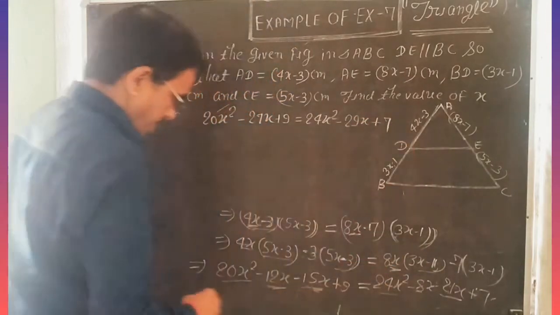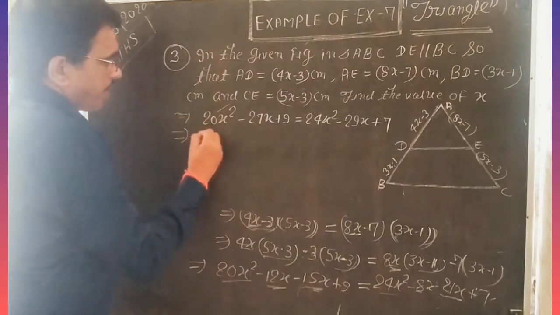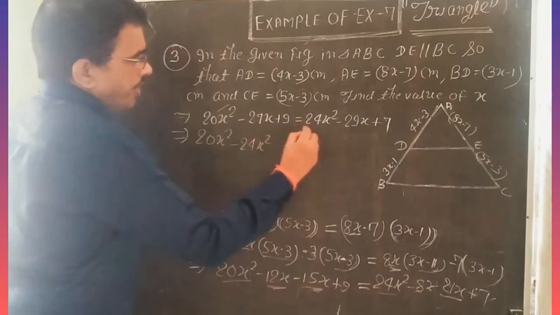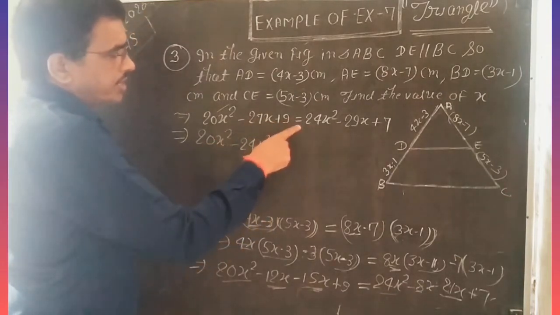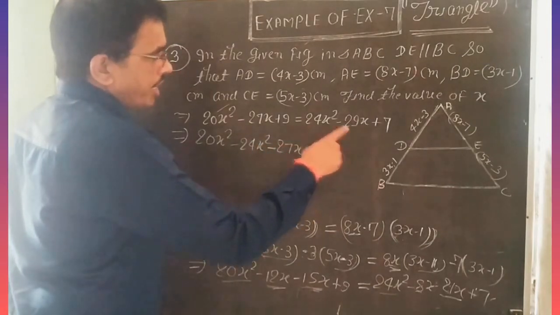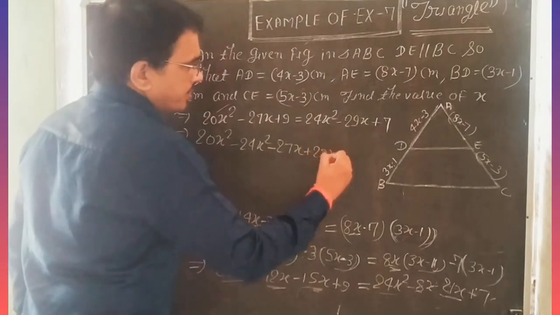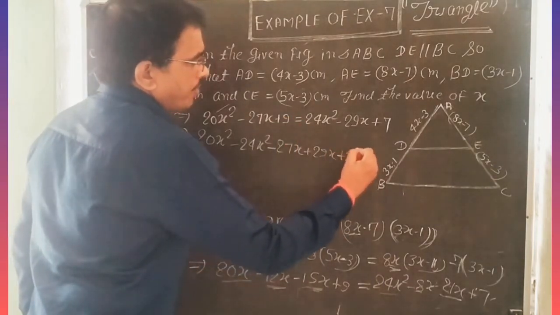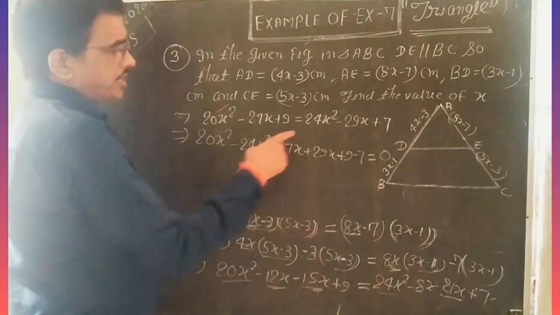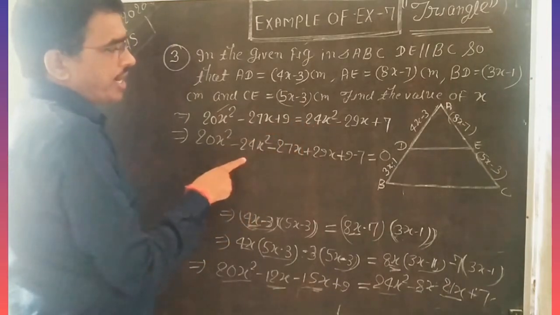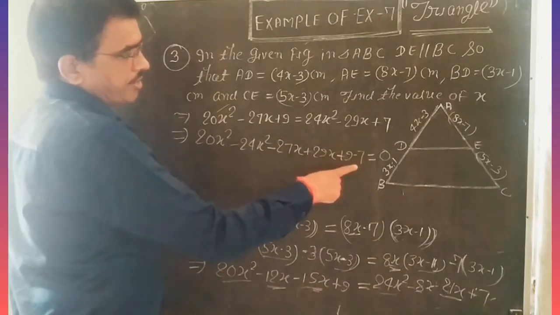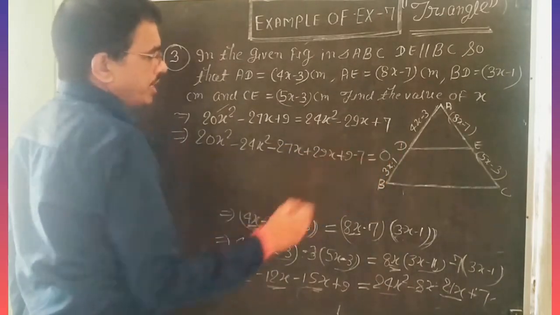Next step, you write 20x square minus 24x square, because this is plus 24x square on this side. Minus 27x, and this side minus 29x, so plus 29x, and plus 9 and minus 7 is equal to 0, because all parts are written on the LHS. The 24x square is on the right, so we write minus, this minus 29x becomes plus 29x, and plus 7 becomes minus 7, and the right side remains 0.